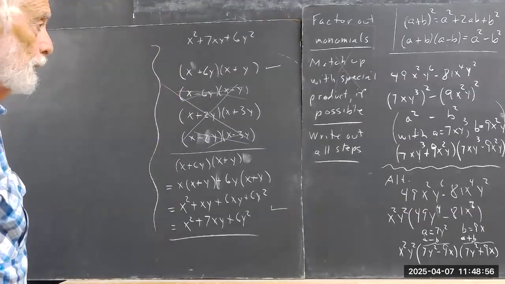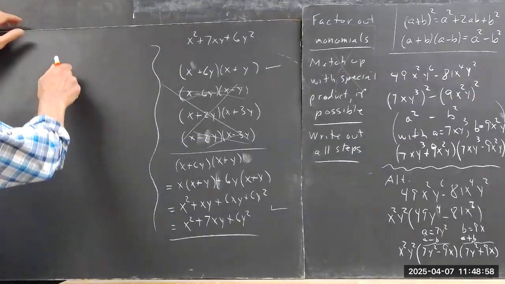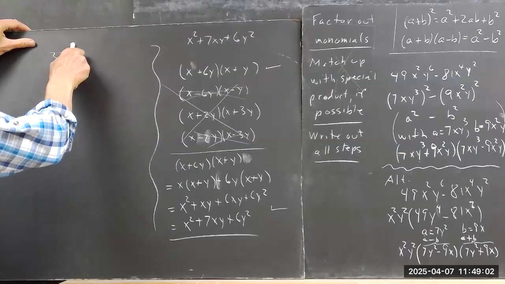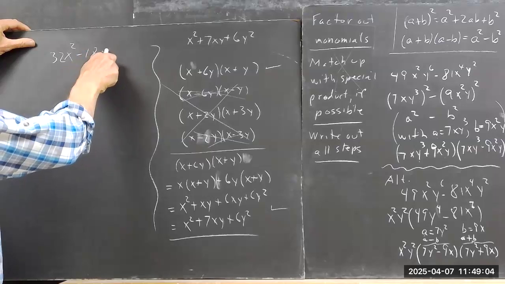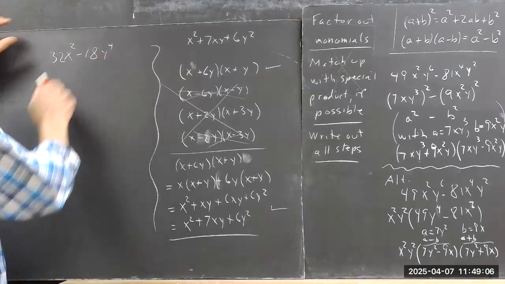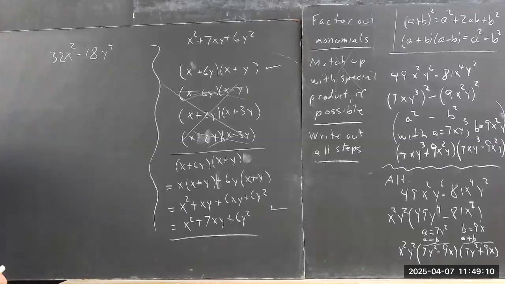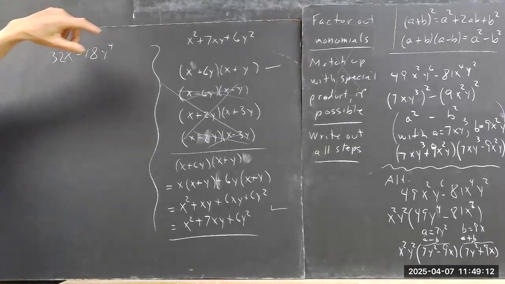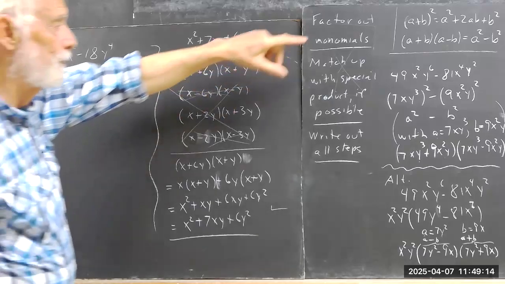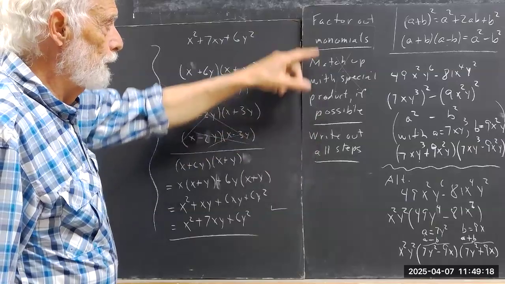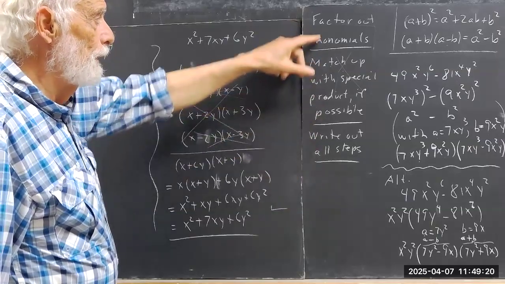Well, going to the last problem that I have to do, you got 32x squared minus 18y to the fourth. Okay, we're still on the screen, yeah. Okay, so if we can factor with special products, we basically got these three steps.